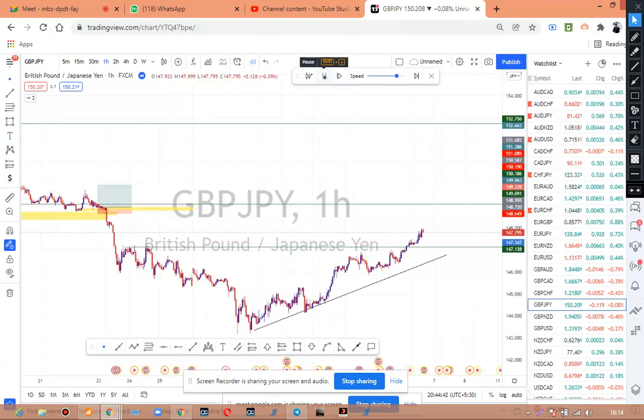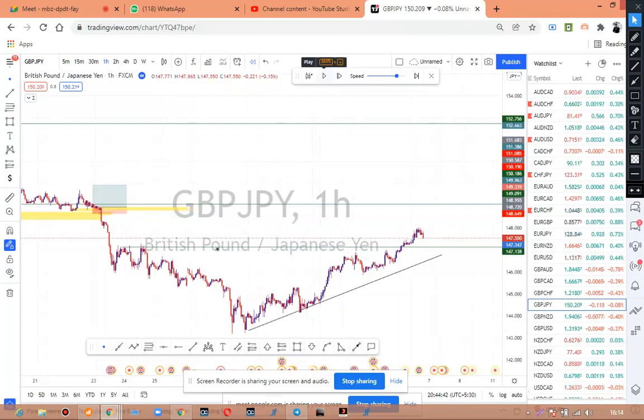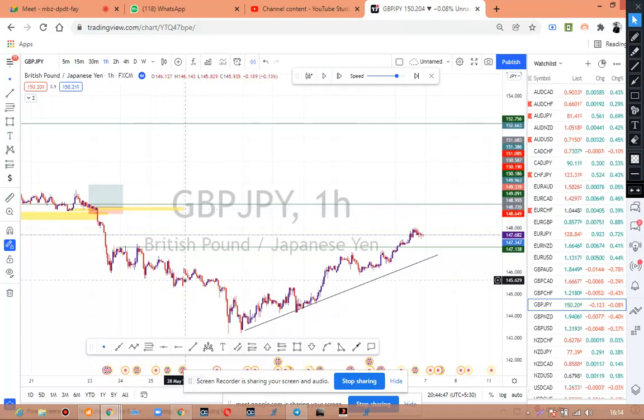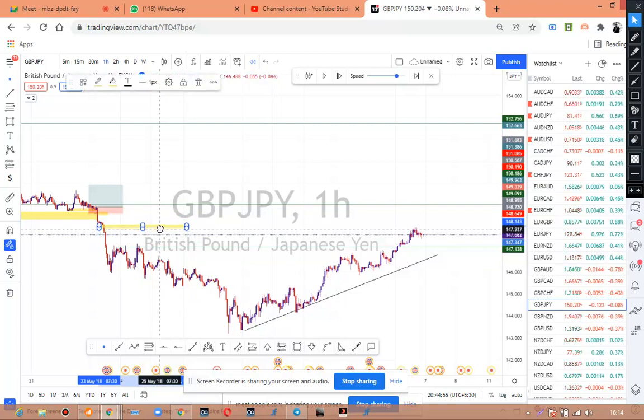Now the market has broken the level, has broken this resistance level. And here we have the supply around this area. There's a supply zone here. Drop base drop.